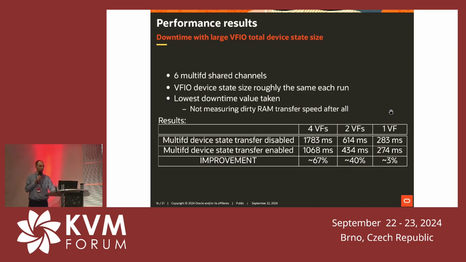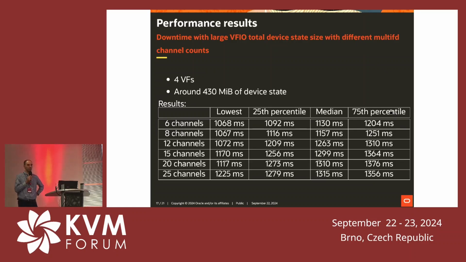As I said, there is some issue with the number of channels, that you have to tune it yourself. You can see that this is kind of counterintuitive: with more multi-FD channels, you actually get worse performance, especially on the median and the 75th percentile. You obviously want as wide a good performance band as possible, and you can see that basically the performance roughly stays the same up to about 15 channels.